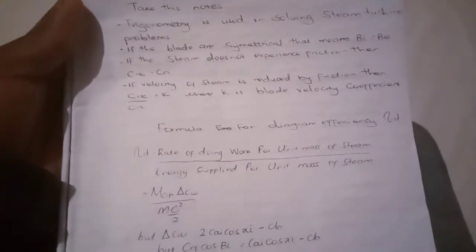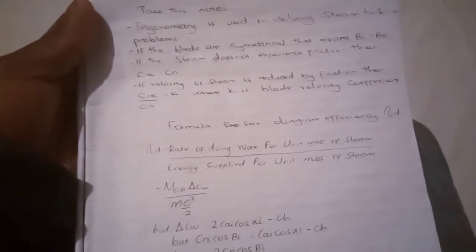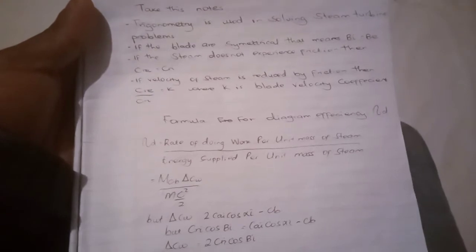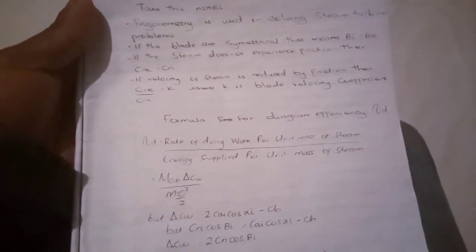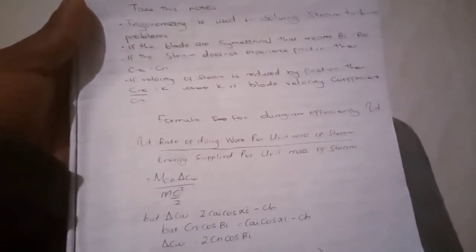If the steam does not experience friction, then CRE is equal to CRI. If the velocity of the steam is reduced by friction, then CRE over CRI is equal to K, where K is the blade velocity coefficient. These are some of the important notes to take.